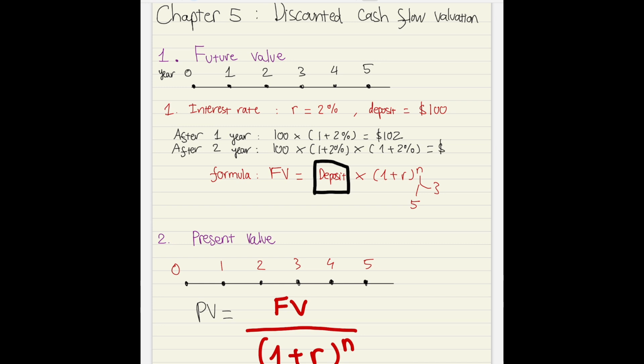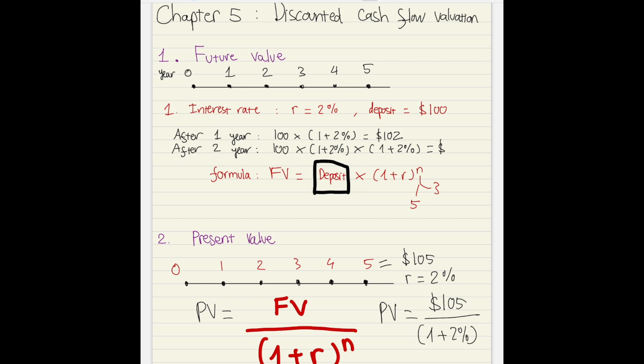To make an example, if you know that the future value after 5 years of a deposit is $105 and the interest rate is 2%, the present value will be equal to 105 divided by 1 plus 2% to the power of the number of periods.